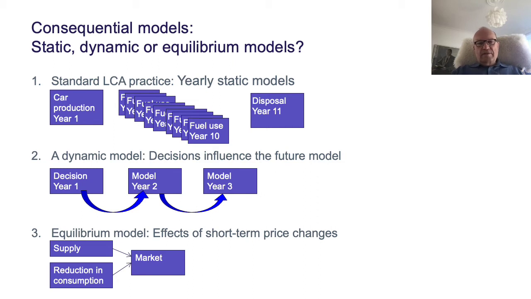So this elasticity of supply, which is less than 1, means that we will have a lower impact of our consumption than if we just modeled a one-to-one relationship, so an unconstrained supply.